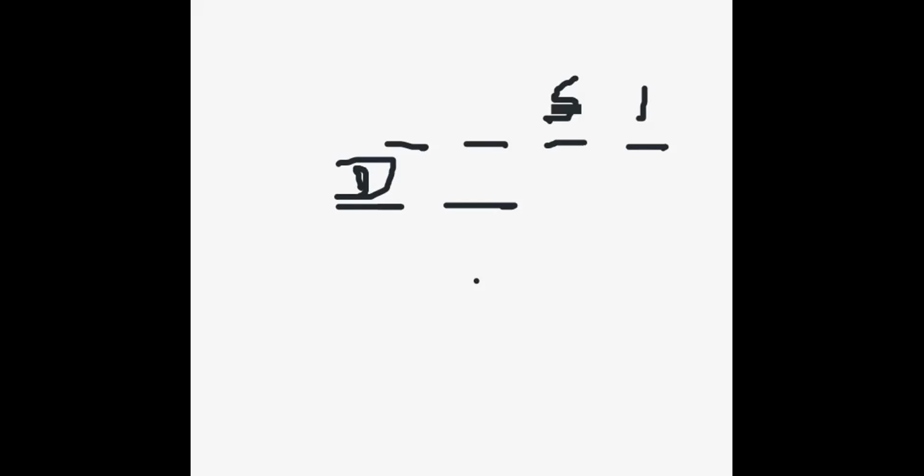How to remove this? Anybody knows how to remove this completely? First time I am using it. Nobody knows how to erase it. Doesn't matter. We will close this. Where is the eraser?